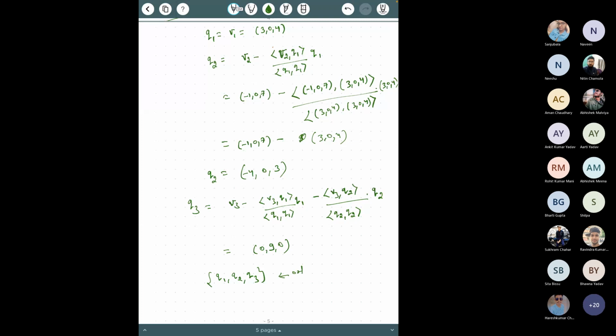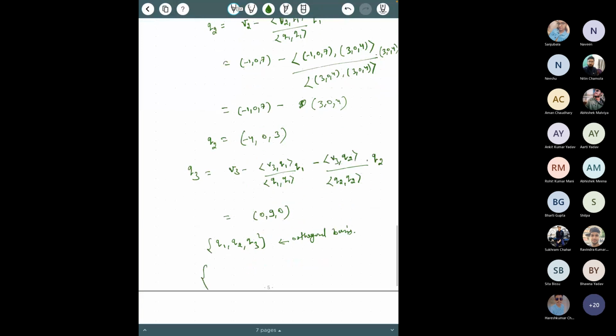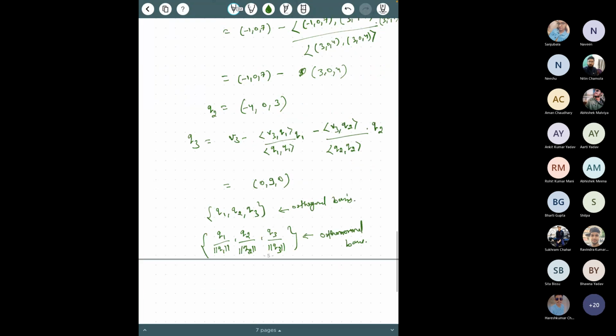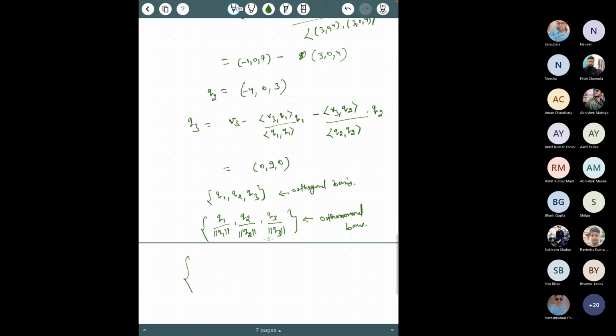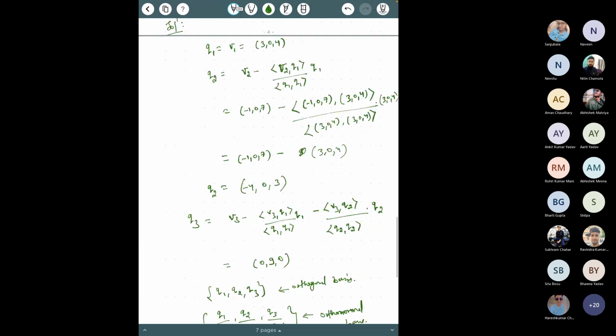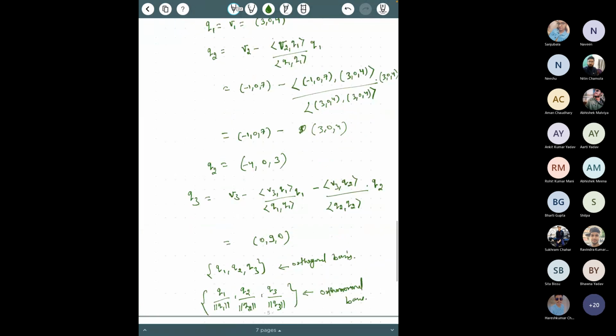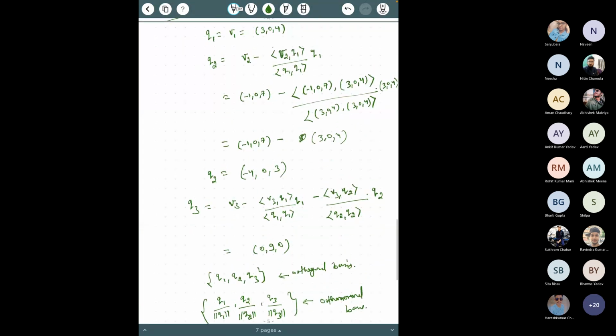But if you divide Q1 by its length, Q2 by its length, and Q3 by its length, then you will get an orthonormal basis. Can you quickly tell me what would be the first one in the orthonormal basis? Q1 divided by its length, that is (3/5, 0, 4/5).